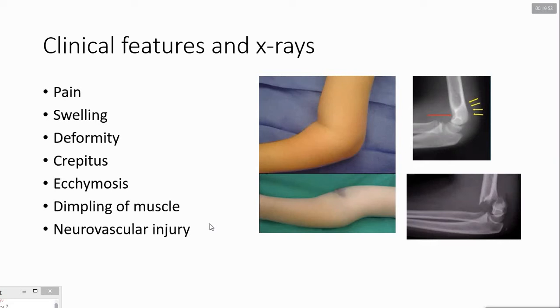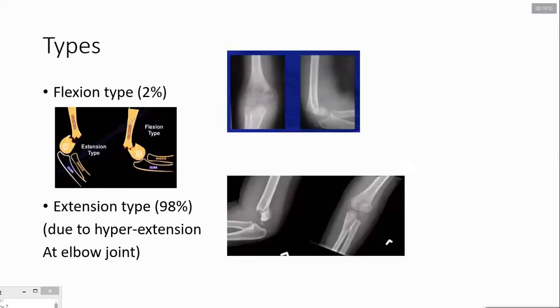Yeah, as told with the mechanism of fall, the extension type is quite common, because invariably a fall on an extended elbow and hyperextension of the elbow joint causes this type of fracture. So it is a quite common mode of injury, and it results in this type of fracture where the distal fragment is displaced posteriorly.